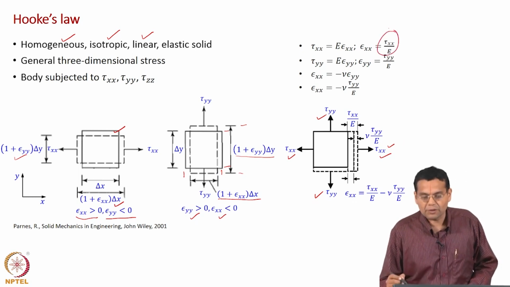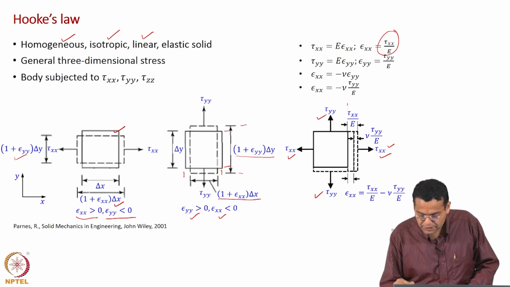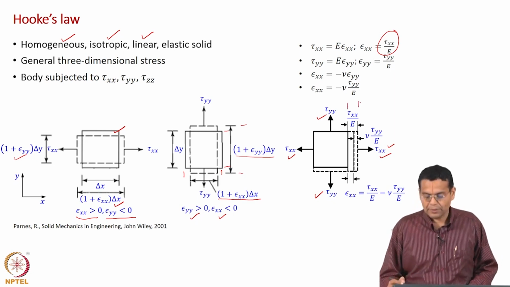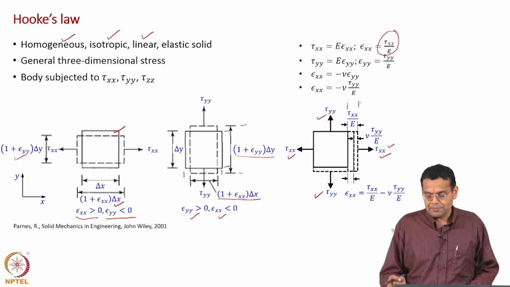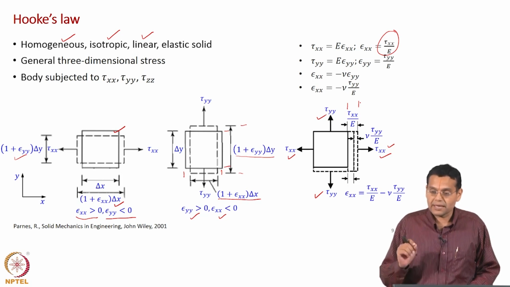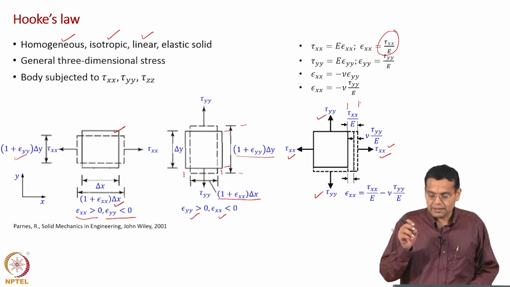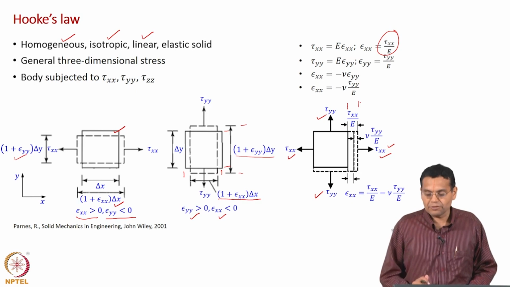It is given by tau xx by E. This would have been the increase in length along x direction if the two dimensional element had been subjected to normal stress along x direction only. But because there is normal stress along y direction, there is some decrease in length along the x direction, some negative strain or contraction along the x direction. What is that value? How do you find that out?